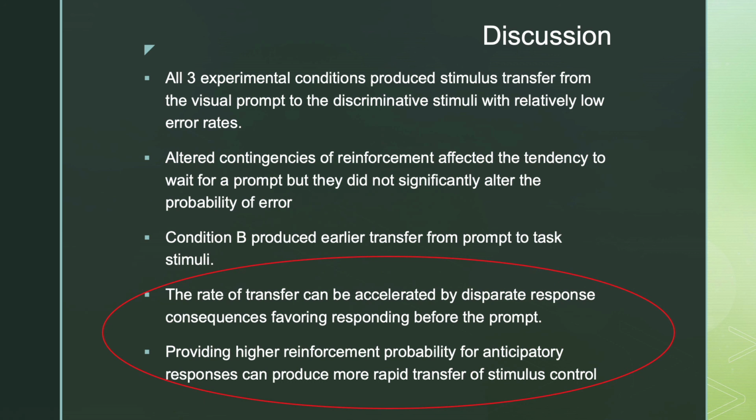Not only are we using a fading procedure, but we're tying in the concepts and principles of reinforcement and the density of reinforcement according to the schedule to help transfer stimulus control, or another way to think of it is, speed up the acquisition of the discrimination. By providing the higher reinforcement probability for responding before the prompt, you get a more rapid transfer of stimulus control.